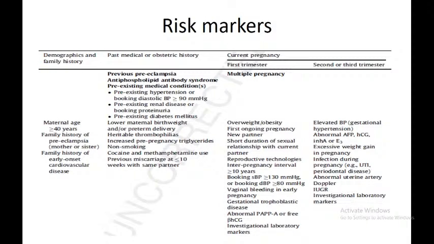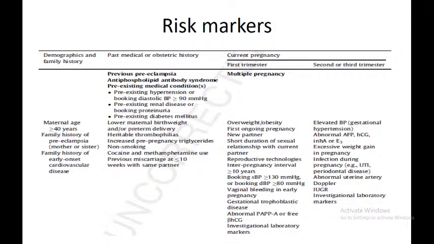And even the family history of early onset cardiovascular disease is also important. So we very well know that the maternal age above 40 years and family history of pre-eclampsia in the mother or siblings is important, but even the family history of early onset cardiovascular disease is important.